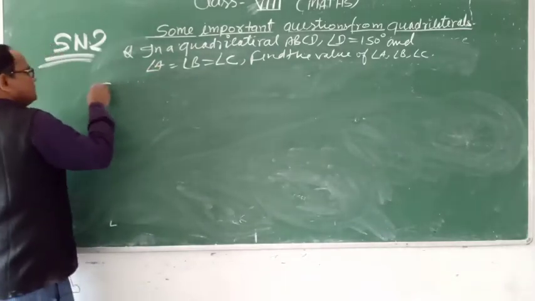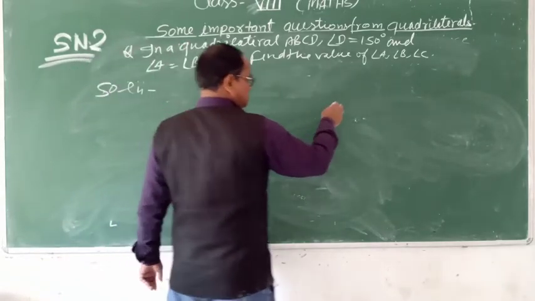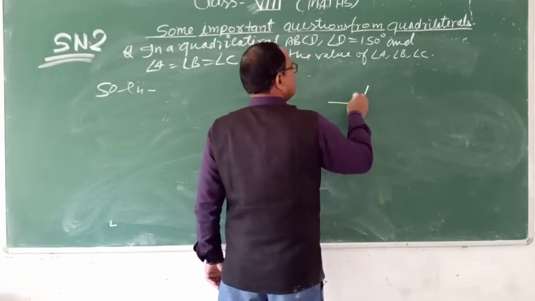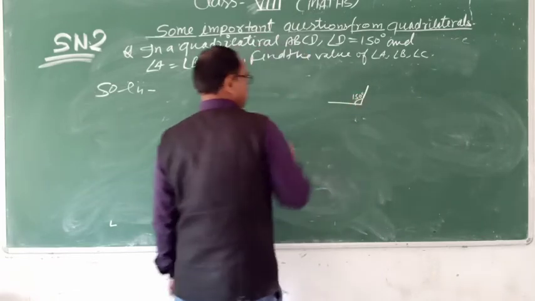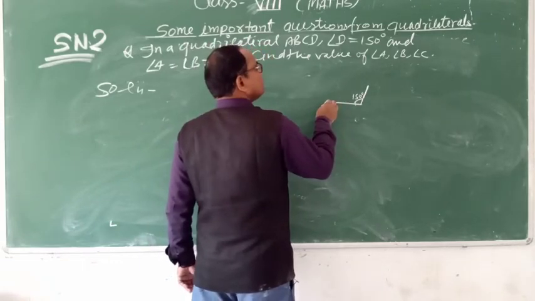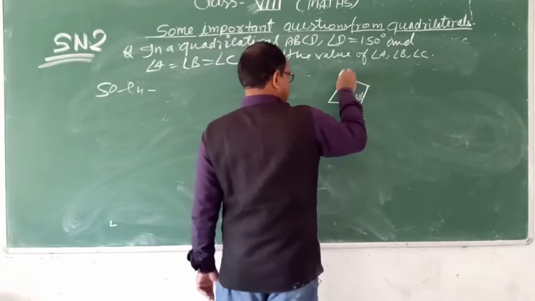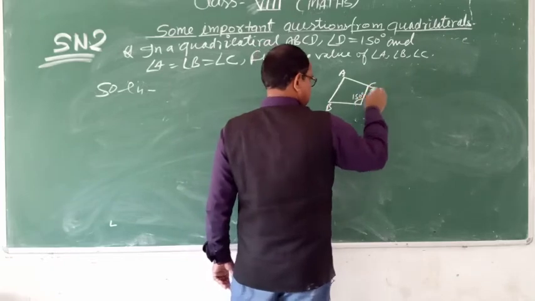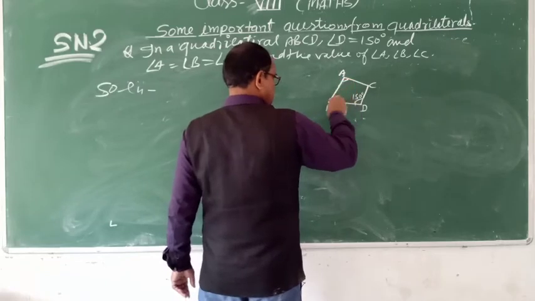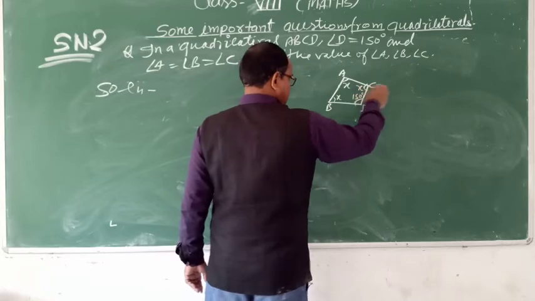Here is the solution for this. We make a figure here: 150 degrees, and here A, B, C and here D. Okay then, let angle A, angle B, angle C be equal to x.